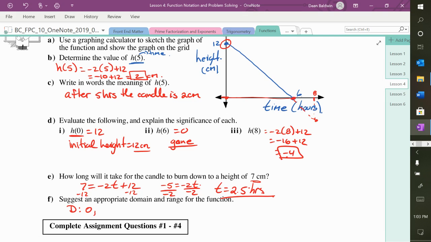Because that's when the candle's gone. Do you include both those numbers? So square brackets. What's the range? 0 and 12. There you go. That's it.